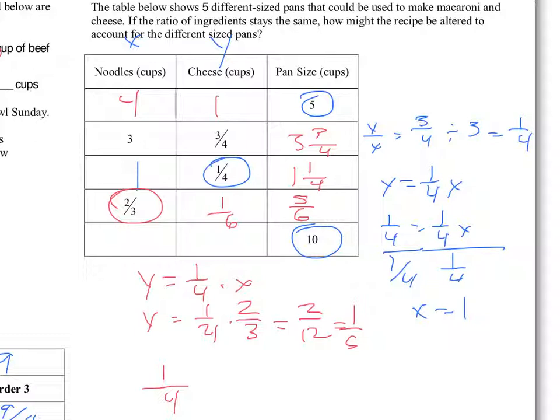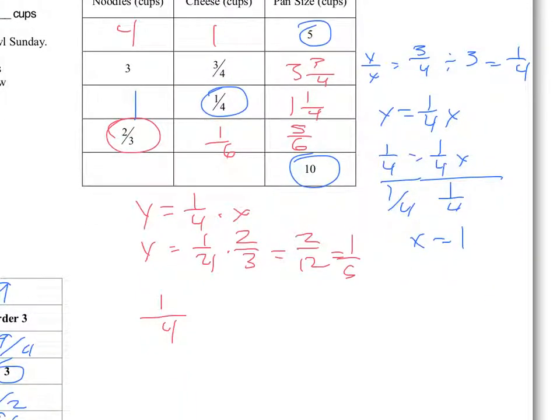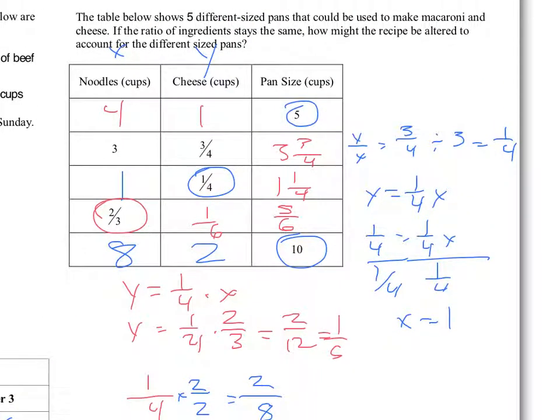And now I need it to add up to 10. And so this actually is also pretty easy. We recognize here that if we multiply by 2 over 2, that's going to give me 2 over 8, which will add up to my 10. Alternatively, you could have written equations for the relationships between the cups of cheese and the pan size, and the noodles and the pan size, but that definitely is more time consuming in this particular case.